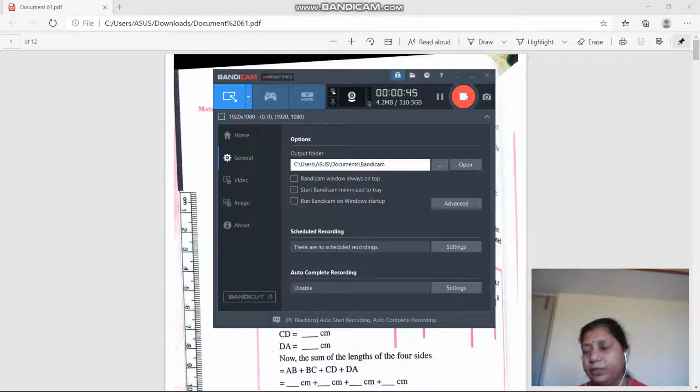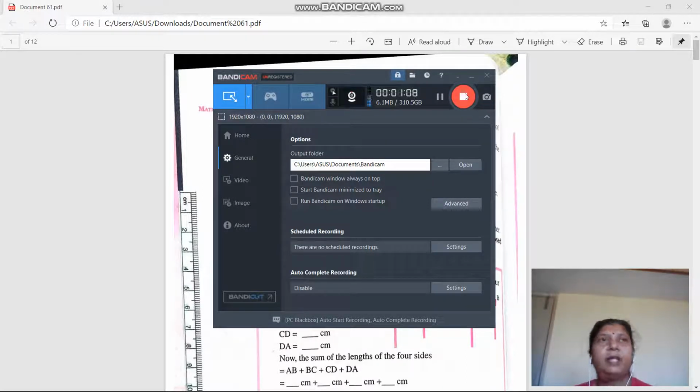First of all we study the perimeter of a rectangle. What is the formula for the perimeter of a rectangle? 2 multiplied by (length plus breadth). Second, perimeter of a square is equal to 4 multiplied by side. Third, perimeter of an equilateral triangle is 3 into side.